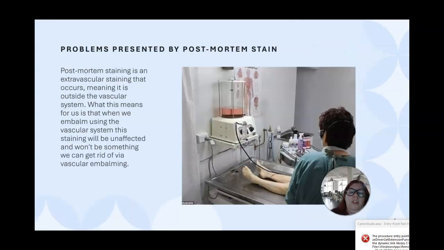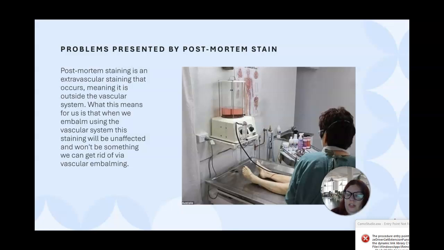What this does for us is it creates a lot of issues with presentation. It's extravascular staining, which means this is when our vascular system starts to break down and this blood leaks and stains the skin. So if you go in to do vascular embalming, that's not going to fix this.